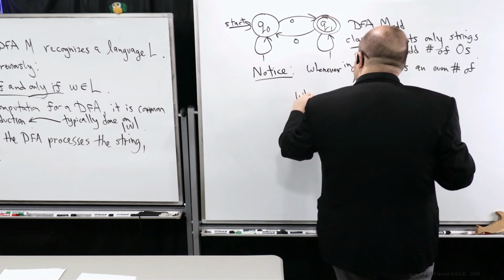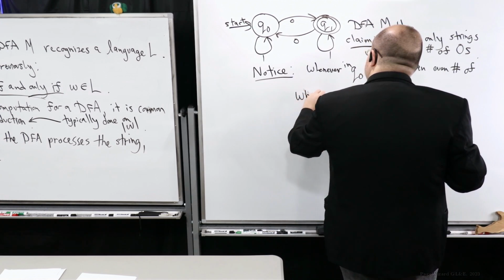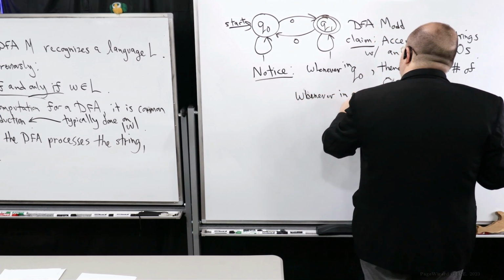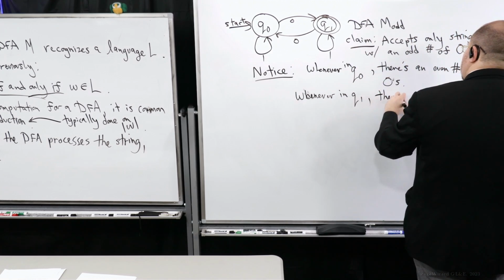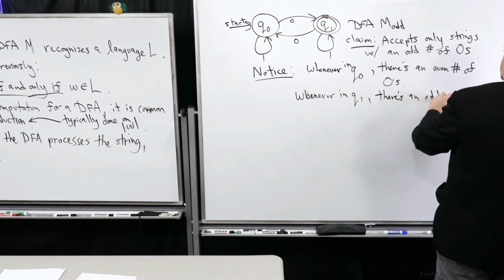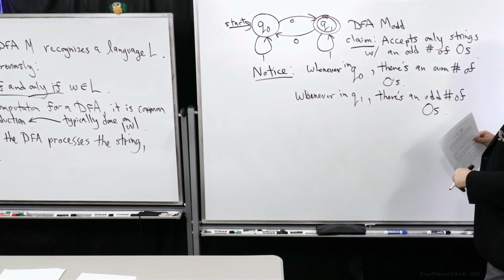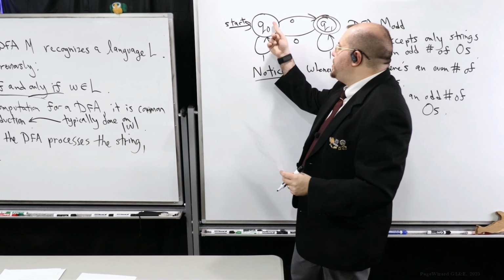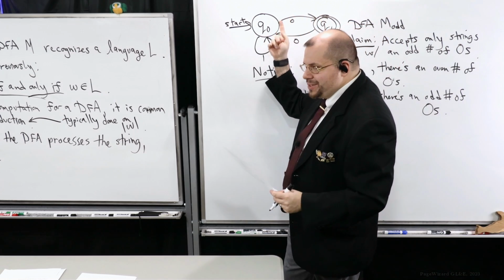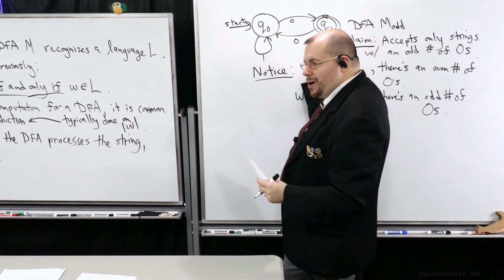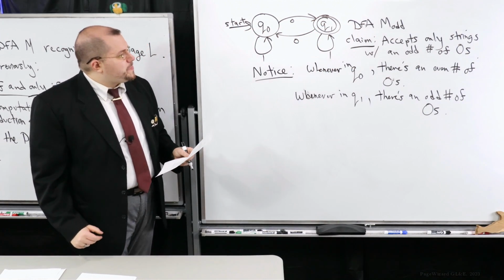And whenever we're in Q1 in M odd, there's an odd number of zeros. So do you notice that whenever you read a zero, you go back and forth? If you're in this state, you go to Q0. Whenever you read a zero, you go back to Q1. And we want the case when there's an odd number of zeros.